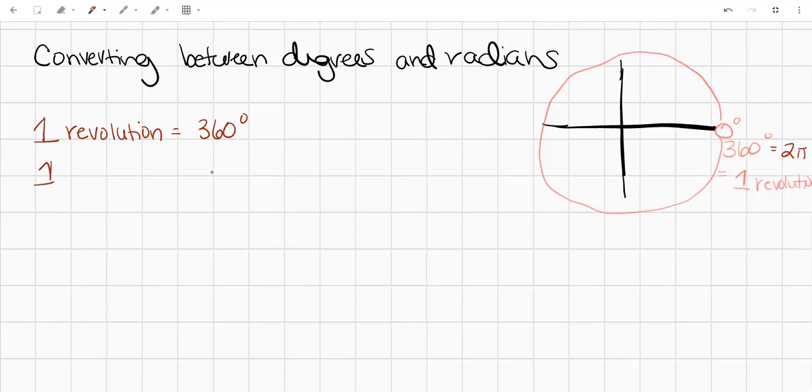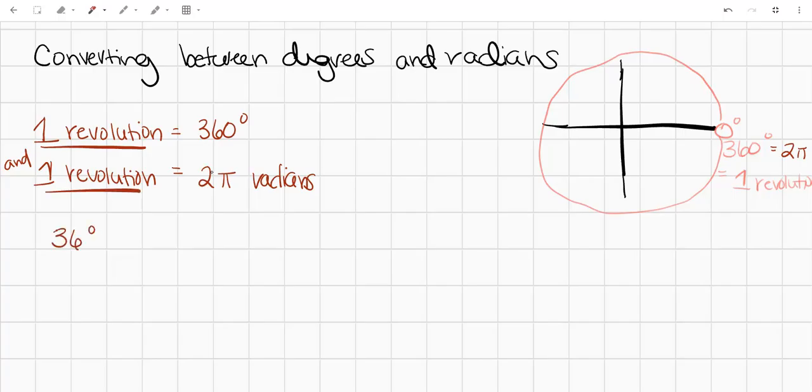So one revolution is also equal to 2 pi radians. Okay, so 360 degrees is a circle being broken up into 360 slices, while radians are based on the radius of the circle.